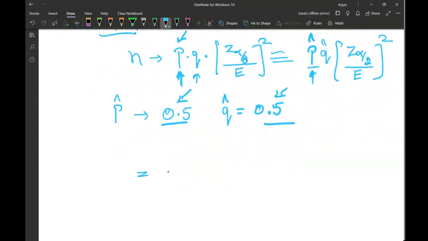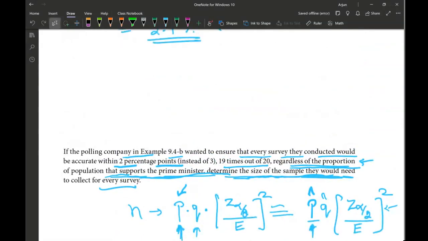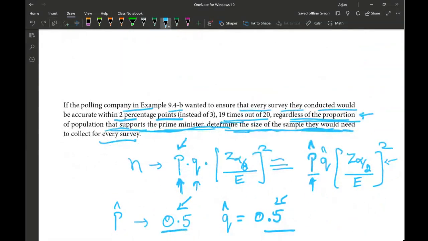So this value is 0.5 times 0.5, and now Z alpha over 2. It is a confidence interval of 95% again, because 19 times out of 20 it says. Okay, so they wanted to ensure that every survey they conduct would be accurate within 2 percentage points. So E value, I would say in this case, is 0.02. Okay, 2% it says. And then it also says 19 times out of 20.